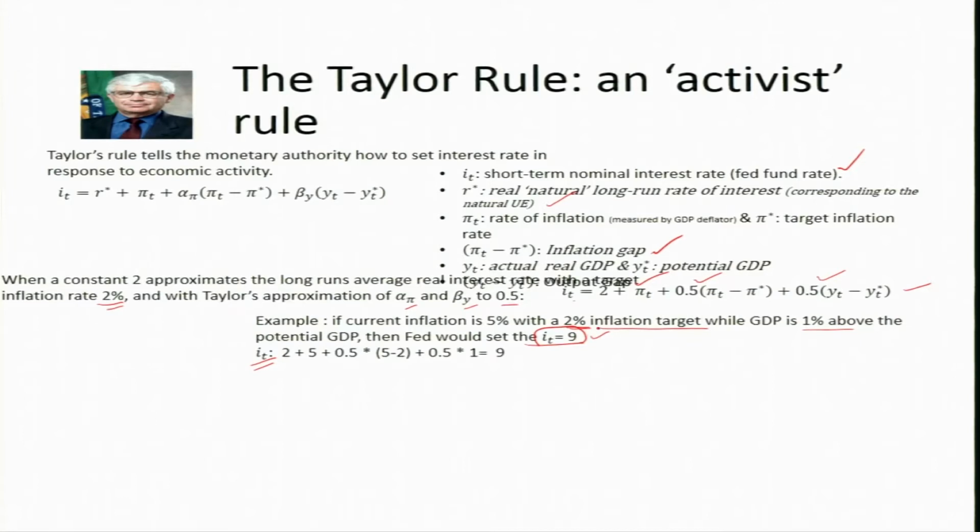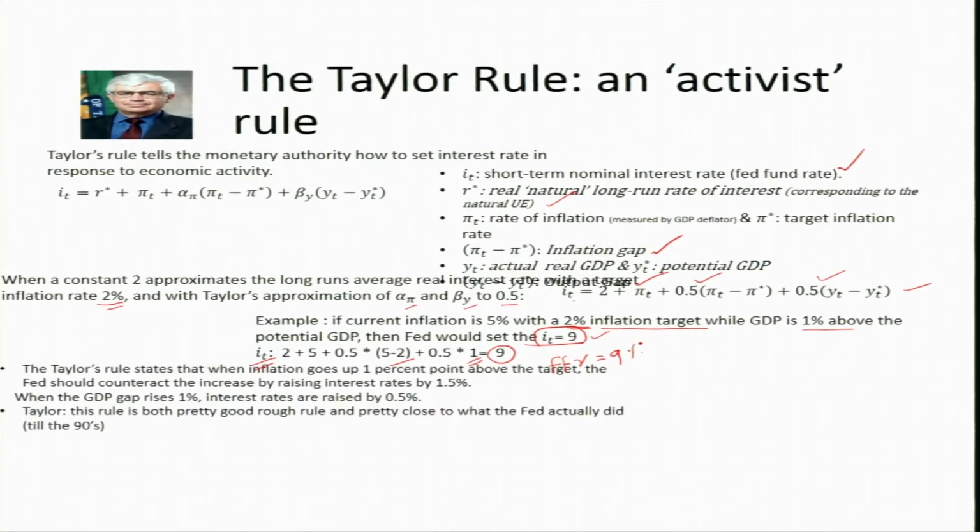As per this formula, it should be 9%. That means using the inflation gap and the output gap of 1, with the appropriate weightage, the FFR should be 9% according to Taylor's formula, Taylor's suggestion.